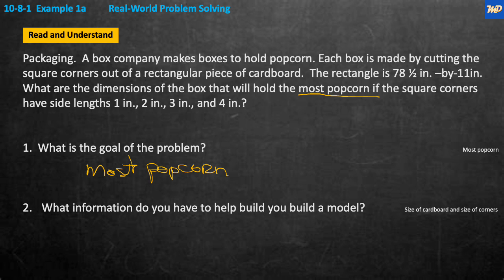They're giving us 8.5 inches by 11 inches. And they tell us the size of the corners, that they want us to try 4 different boxes, with corners of 1 inch, 2 inches, 3 inches, and 4 inches. So that's what they're giving us: the size of the cardboard and the corner sizes.